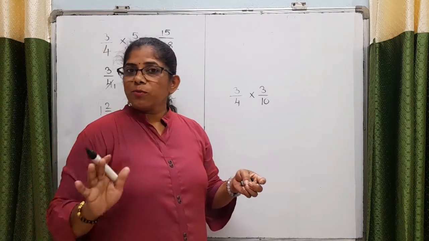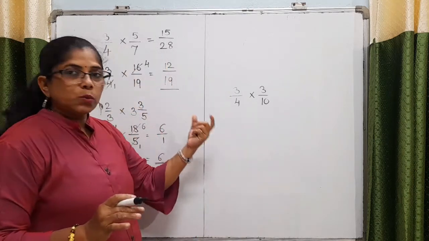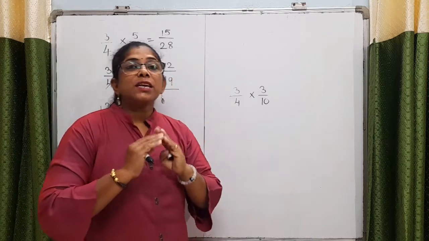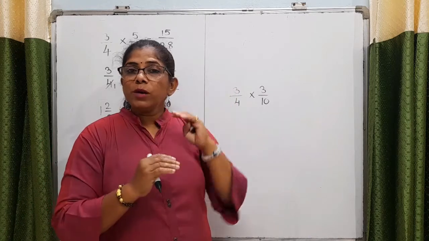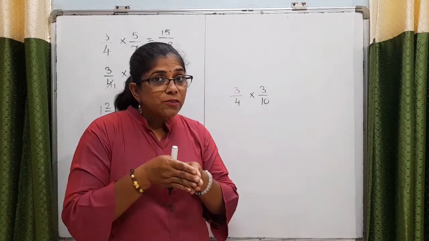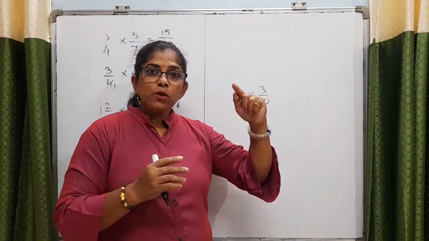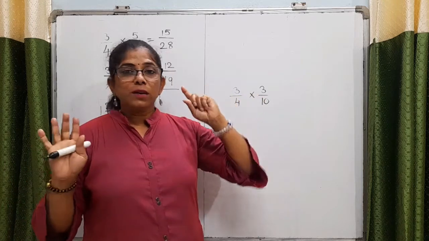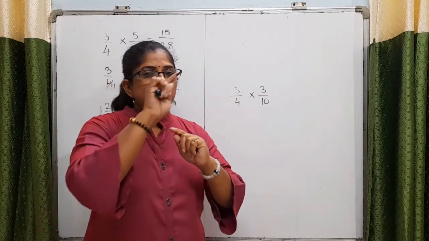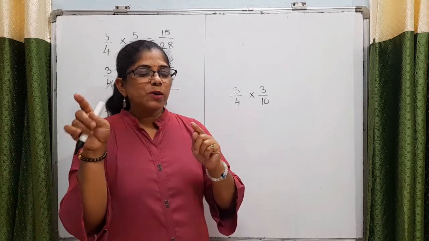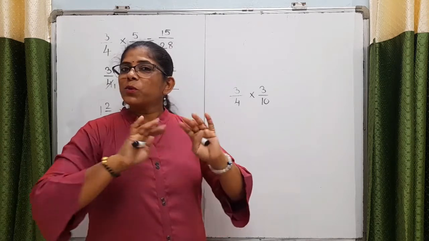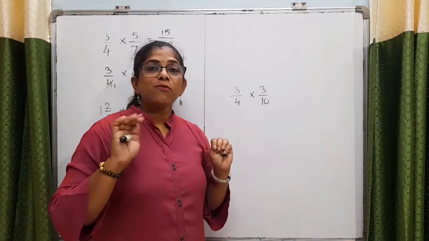This is not the rule of multiplication of fractions. So don't do this mistake. Cancellation can be done only with the numerator of the fraction and denominator of the fraction. This can be done of the same fraction or numerator of one fraction and denominator of the other fraction. But just remember, we can cancel only numerator and denominator. Numerator, numerator, denominator, denominator, we cannot cancel even if they have common factor.